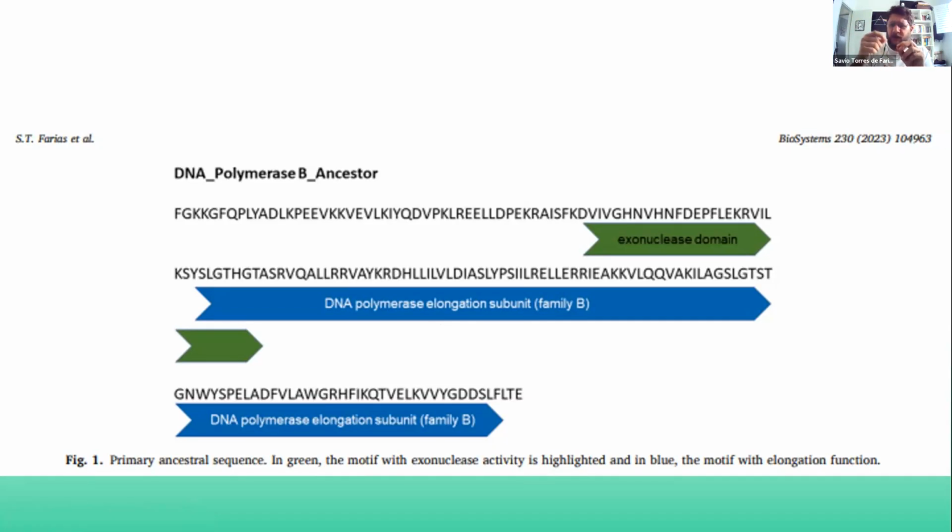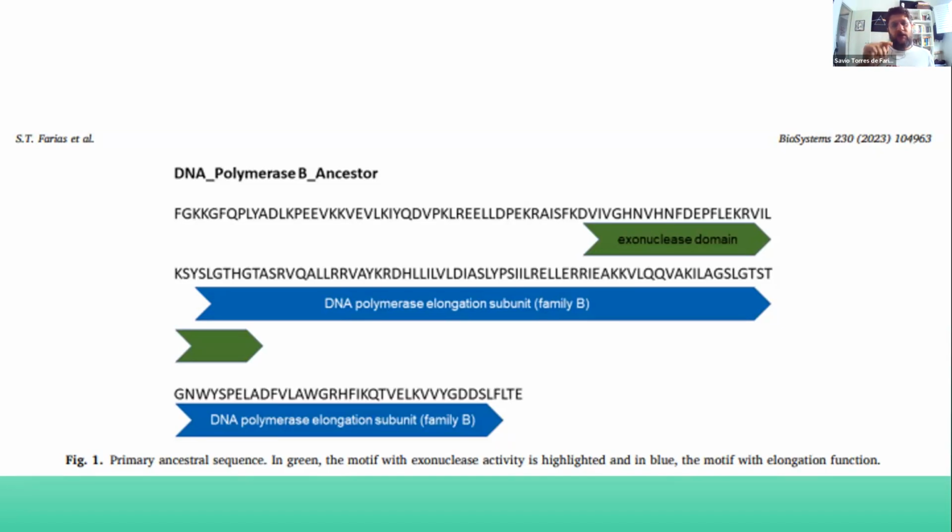This is the catalytic part of the DNA polymerase. Okay, so this data indicated that the ancestral sequence already had the function of replicating DNA molecules.